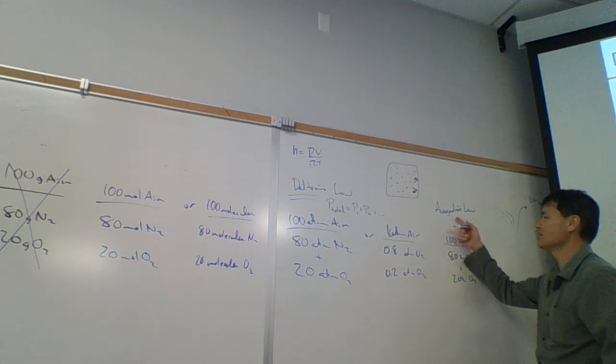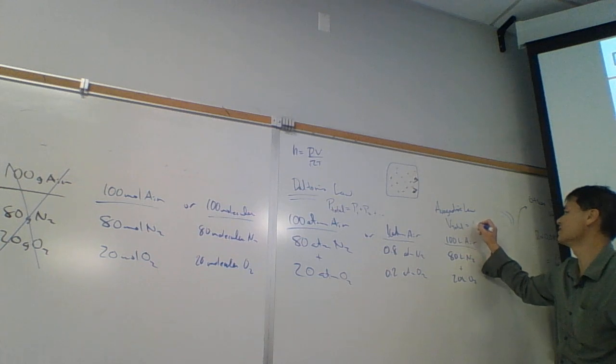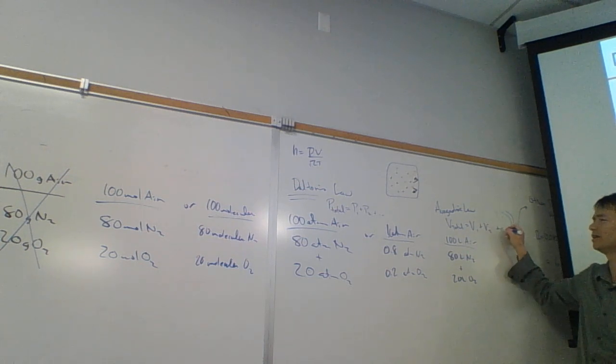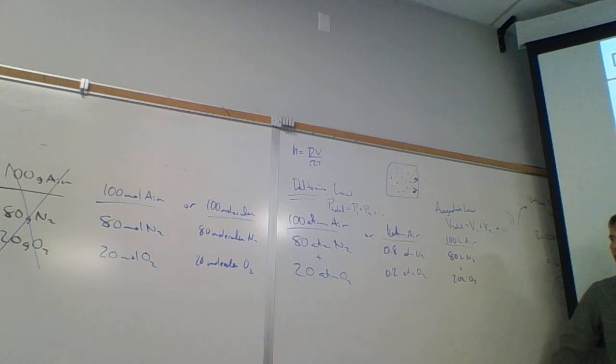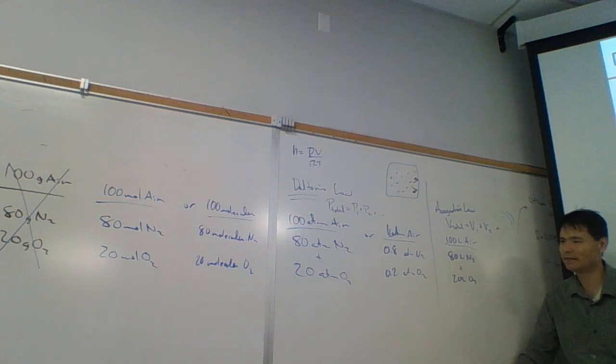What Avogadro's law says is that the total volume is equal to the sum of the partial volumes. So we just take the individual volumes and add them up. Both of these cannot be true simultaneously.